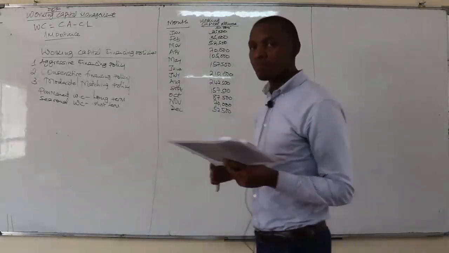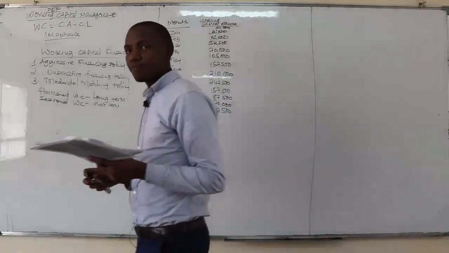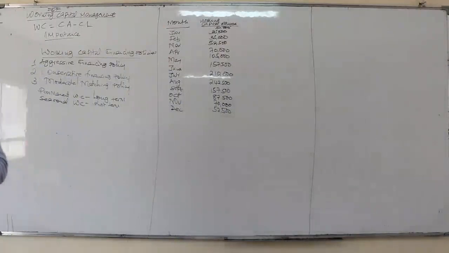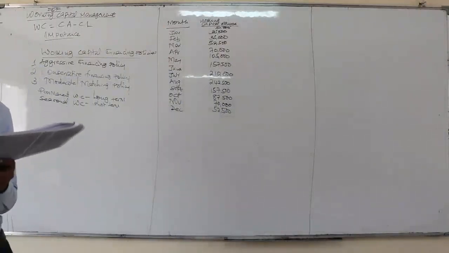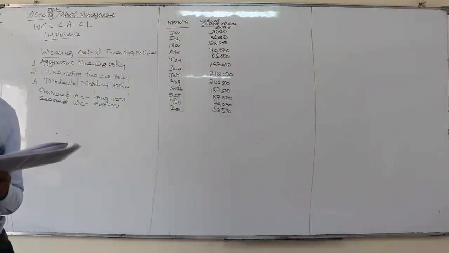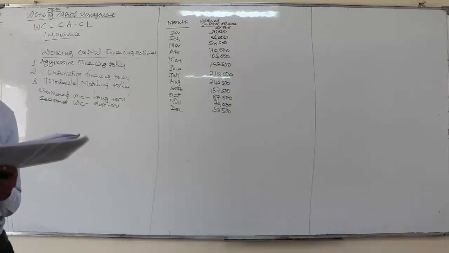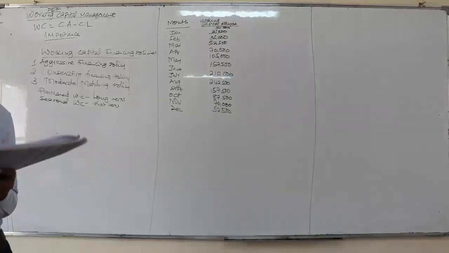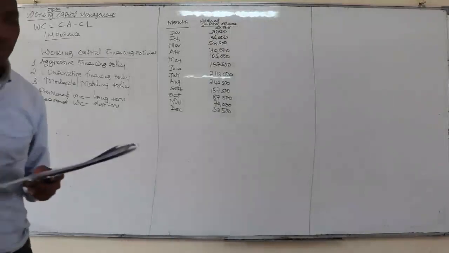You are required to find one, the average monthly permanent and seasonal working capital requirements, and the seasonal working capital requirement for the month.